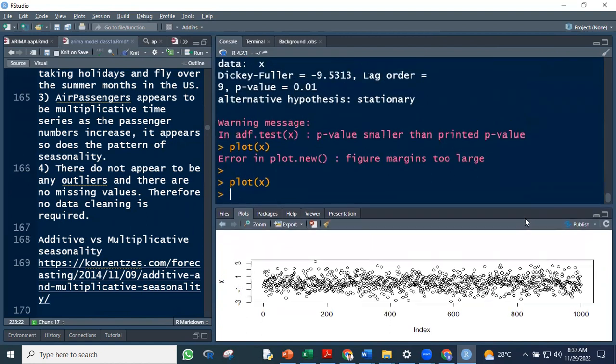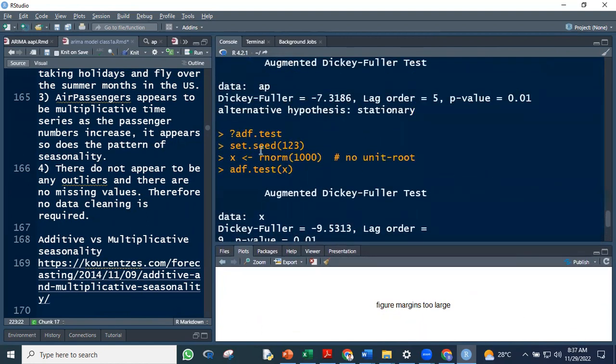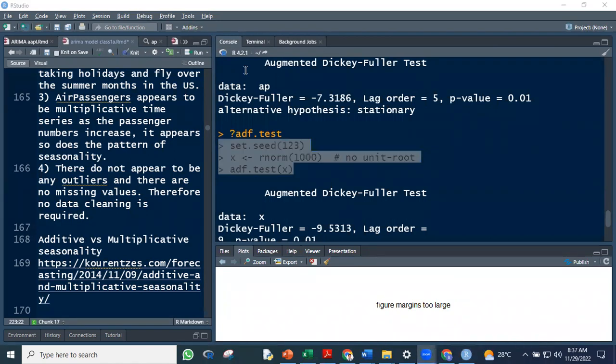What did I do, guys? What we did here is we set the seed. Kindly copy this, even just in the console. That's a function, set.seed, and then we created this object X, which will generate 1,000 random numbers.